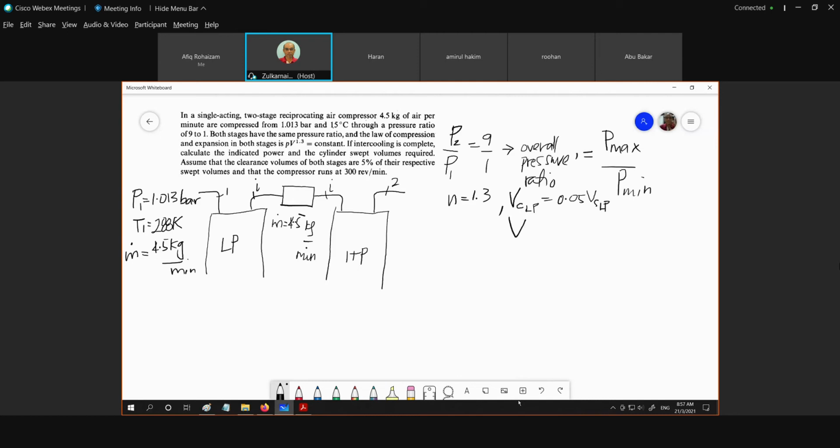Kemudian VC untuk HP is equal to 0.05 VS HP. Ini yang diberikan. Assume the clearance volume for both stages are 5%. And diberikan N, the revolution of this running compressor is at 300 RPM.